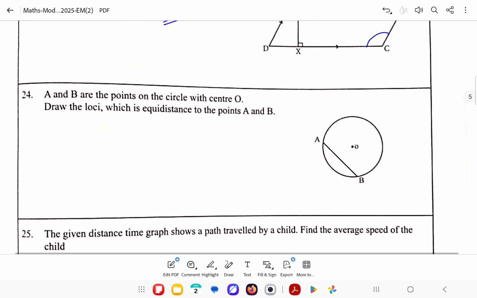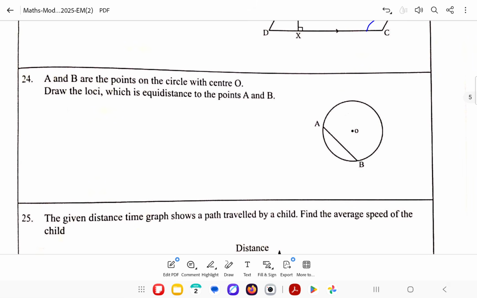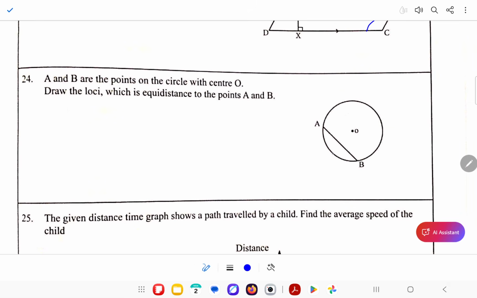Right. Then let's look at 24. A and B are the points on the circle with center O. Draw the loci which is equidistant to the points A and B. So that is what? You want to draw the perpendicular bisector of AB. That is the loci where points are going to be equidistant from A and B. So AB is a chord of the circle, no?